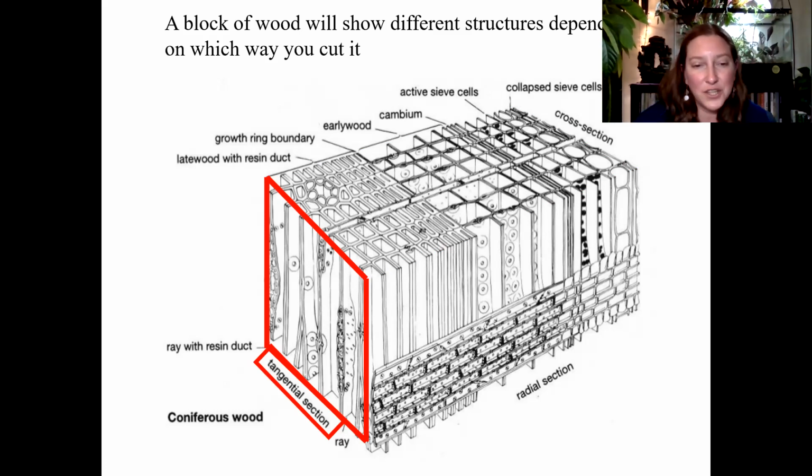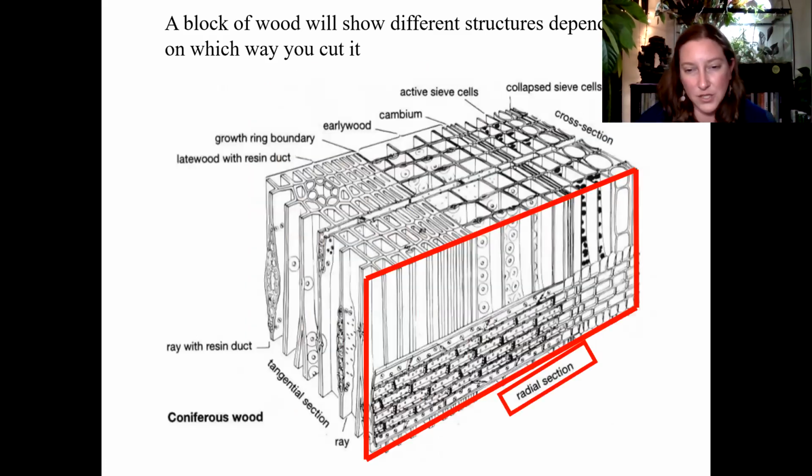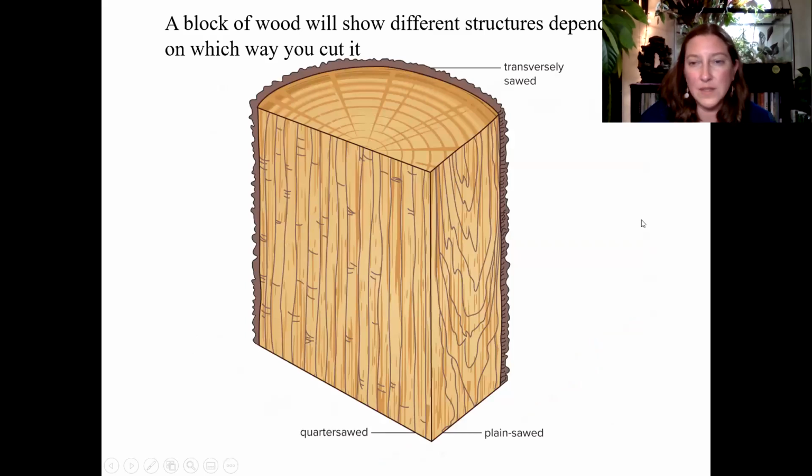Yeah, so tangential section looks different. And radial section looks different. The main reason that the radial section looks different is that you can see a wood ray radiating across. Okay, right. This is showing you the same thing, right?